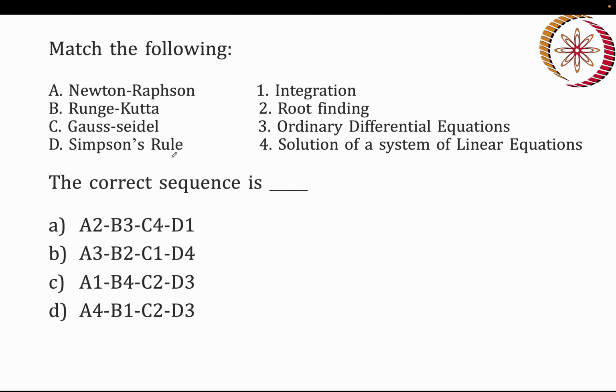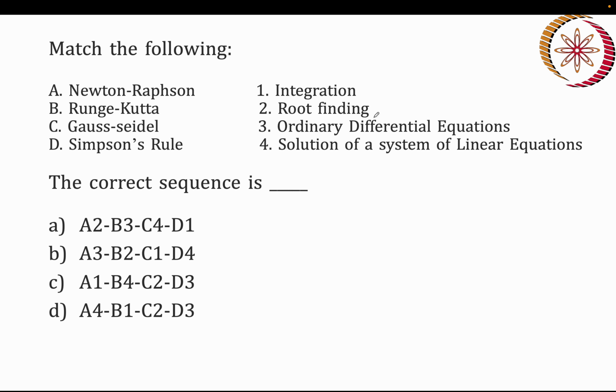Okay, so the next question is match the following. The first column is Newton-Raphson, Runge-Kutta, Gauss-Seidel and Simpson's rule. The methods are given in the left column, and the right column is what each performs: integration, root finding, ordinary differential equations, or solution of a system of linear equations.